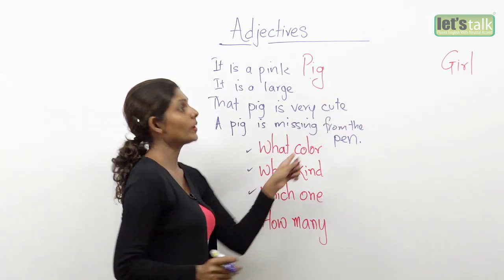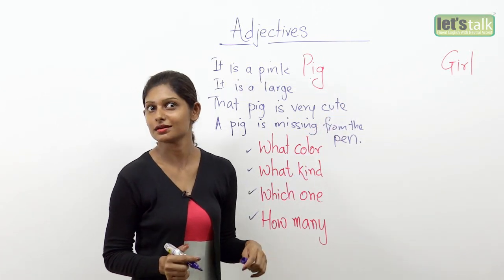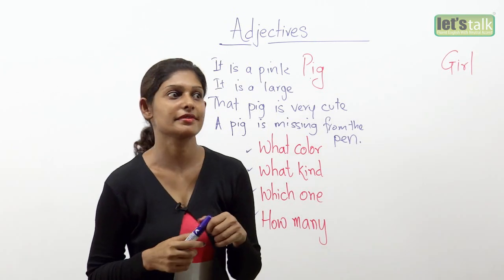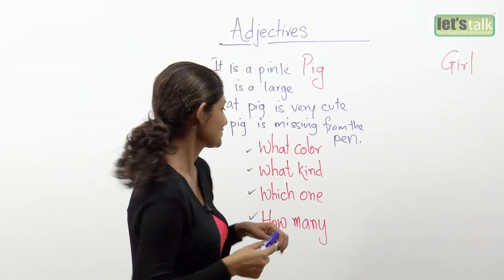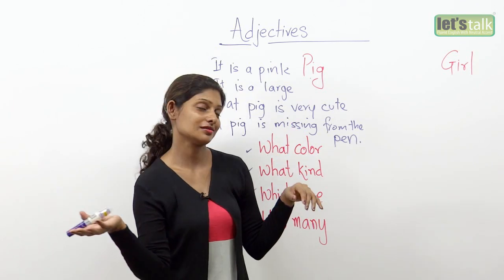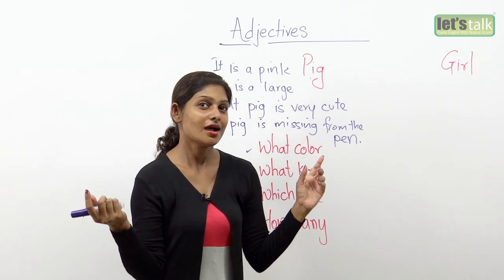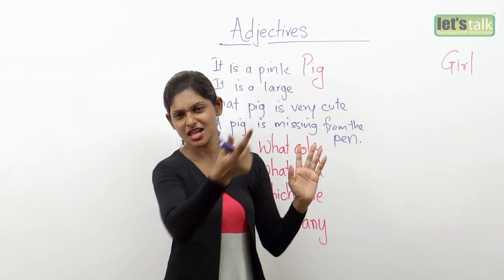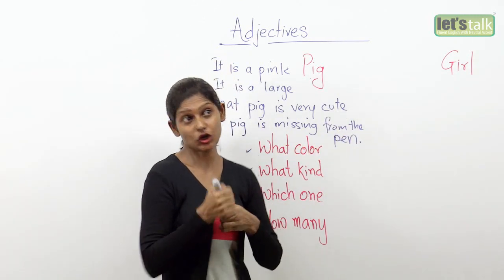Yes, let's do the entire 4 with girl as well. All right, what color is that girl? Now if we talk about girls, we can't say she's yellowish or pinkish or reddish or bluish. Okay, so what color? Maybe she is fair, or maybe she's dusky. All right, so let's say I am a dusky girl.